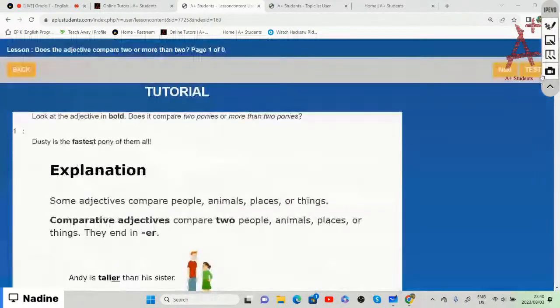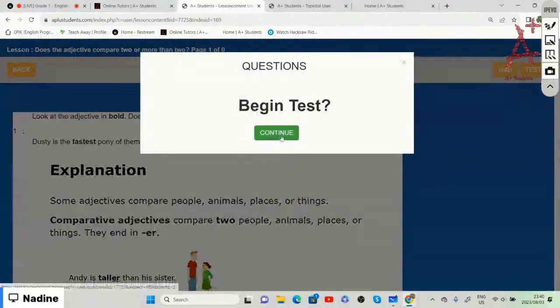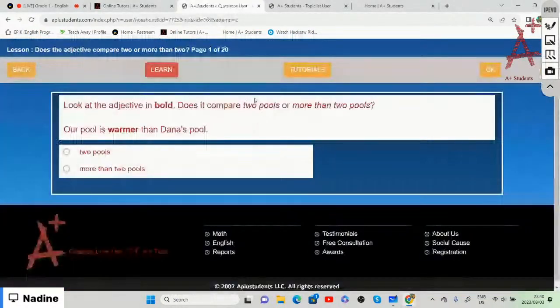All right, so now we're going to the test. Let's begin the test. It says you need to look at the adjective in bold. Does it compare two pools or more than two pools? So we need to say if it compares two pools or more than two pools. Our pool is warmer than Dana's pool.